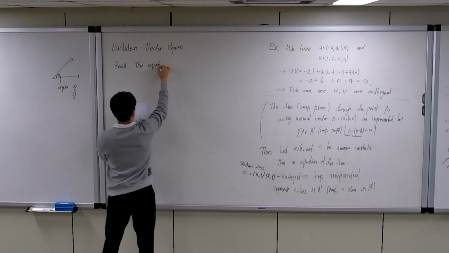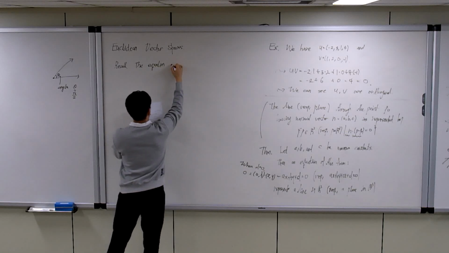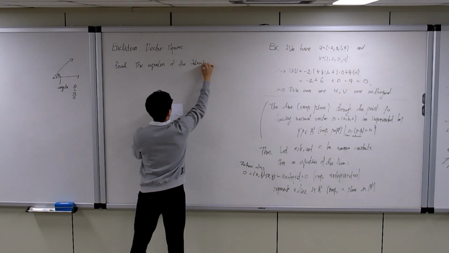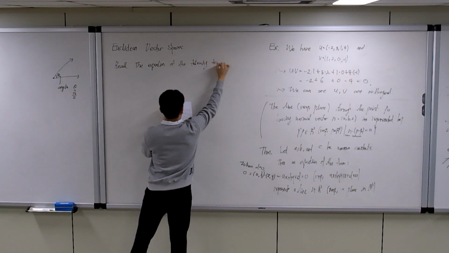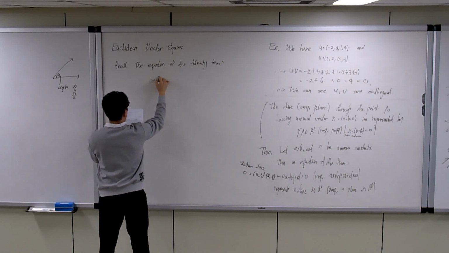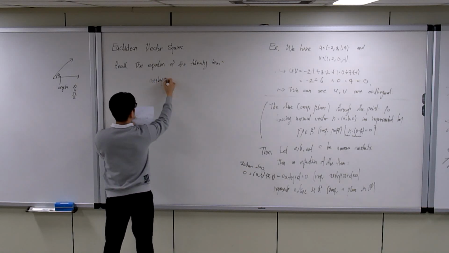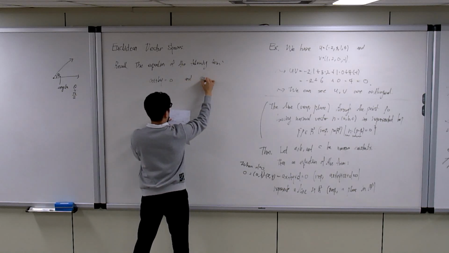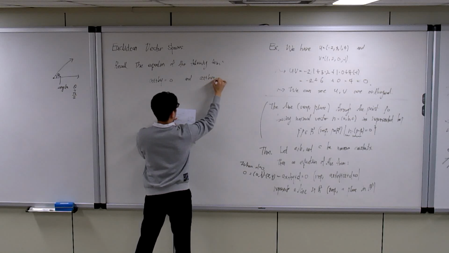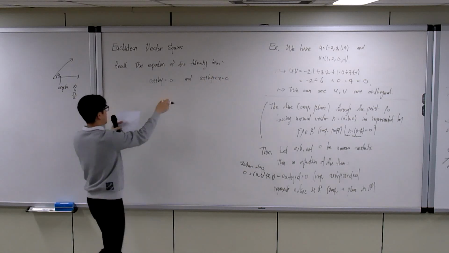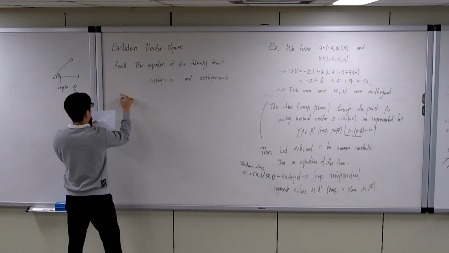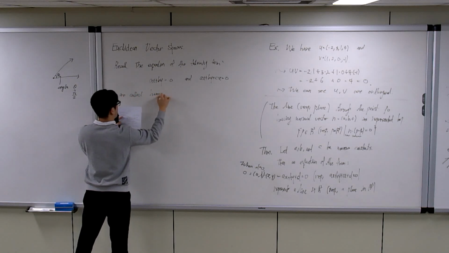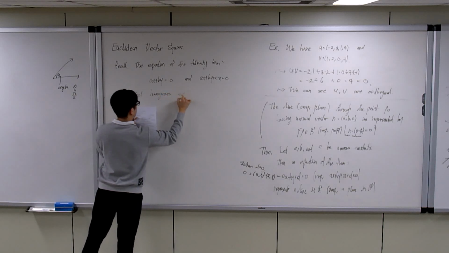The following equations, ax plus by equals 0 and ax plus by plus cz equals 0, are called homogeneous equations.